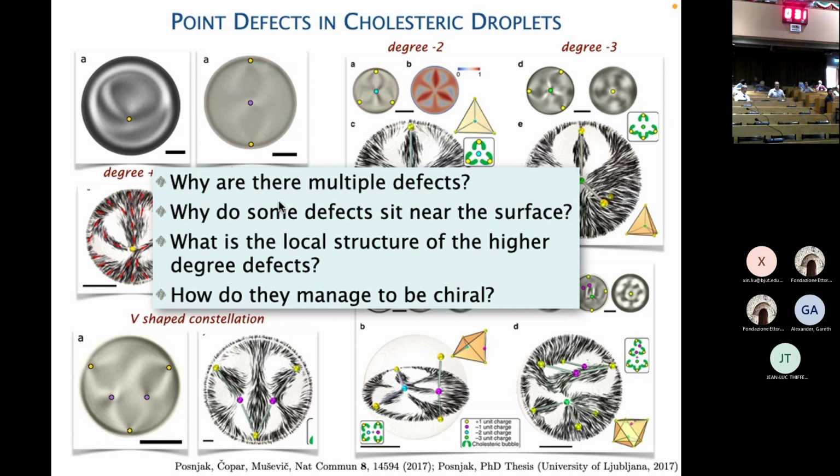There are many pictures, many more than the ones that I am able to squeeze into this slide. Then also there's a separation between defects that like to sit in the center of this droplet and those that like to sit right up close to the surface. We'd like to understand what the difference between those is.